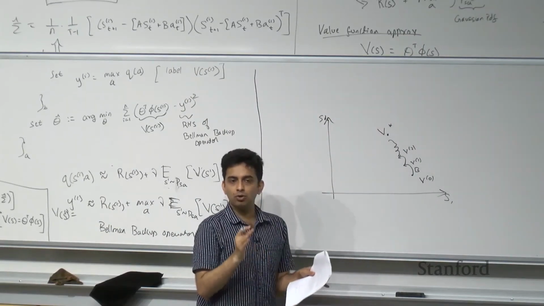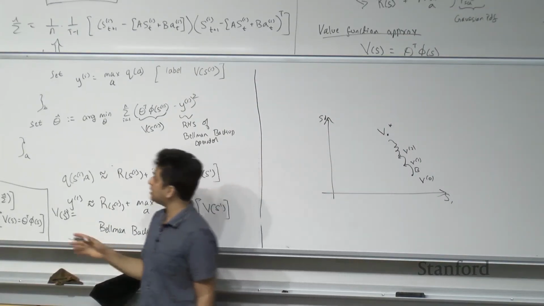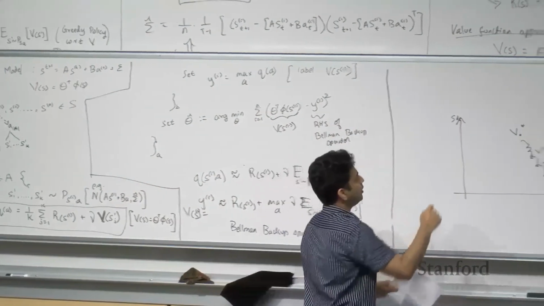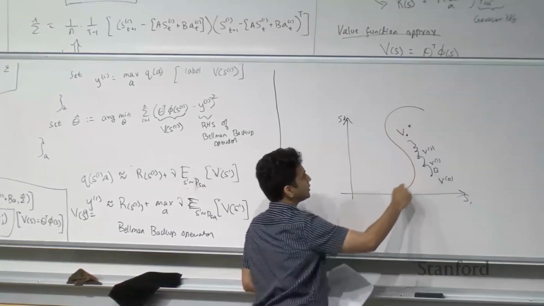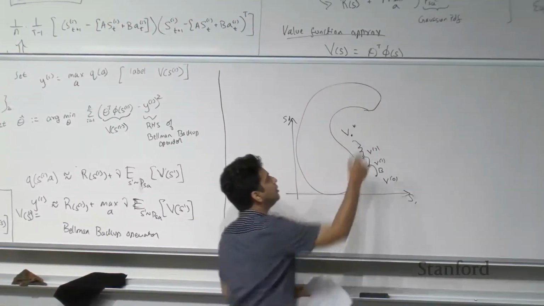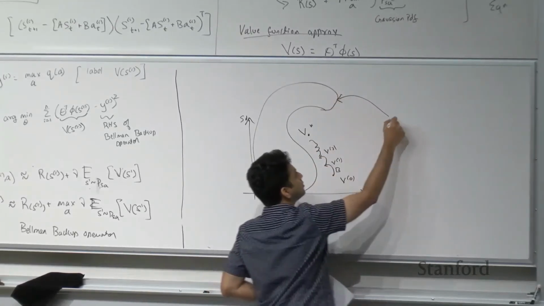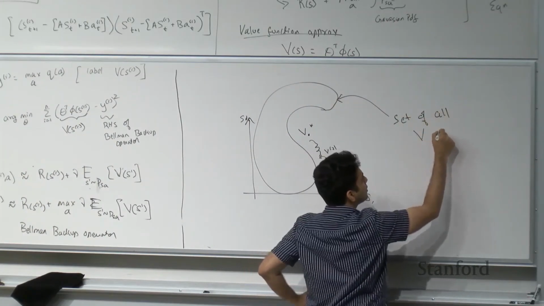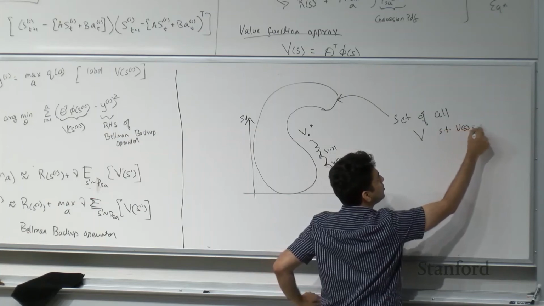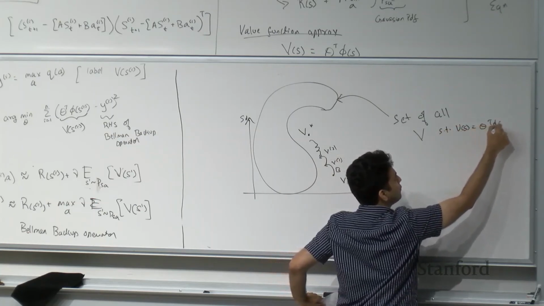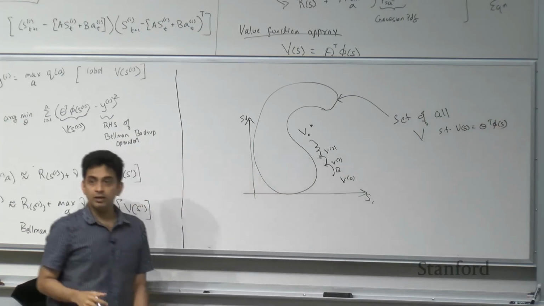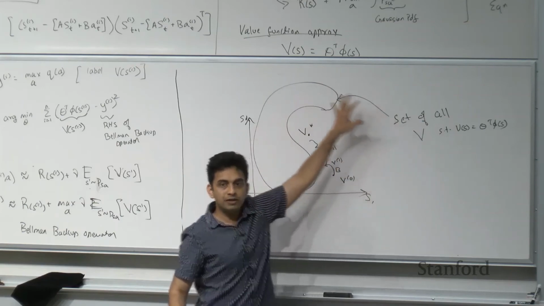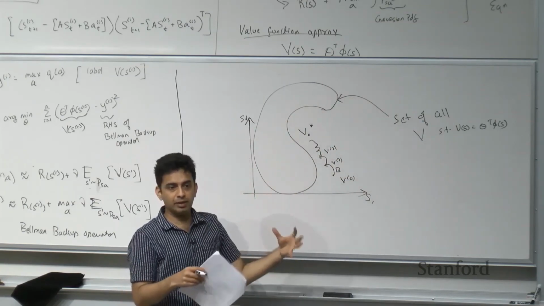We are limiting ourselves to only those that can be expressed as a linear combination of the feature maps of S, which means this whole algorithm is limited to some set, think of this as the set of all V such that V of S equals theta transpose phi of S. This family of functions cannot represent all the possible functions in this functional space. So we're limited in that sense.